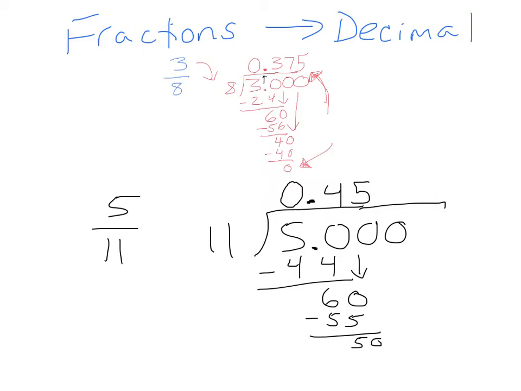And you're like, well, I've done this before, let me put a 4 here. And when you do this, oh my goodness, you're left with a 6, and you're like, wait a second, I've been here before, so you put a 5. And you'll notice that you keep doing the same thing over. It's almost like you're repeating the same thing over and over again. So in order to signify that, you can just say 0.45 repeating, or you can actually draw the line over all of this and say that 0.45 is repeating forever and ever.